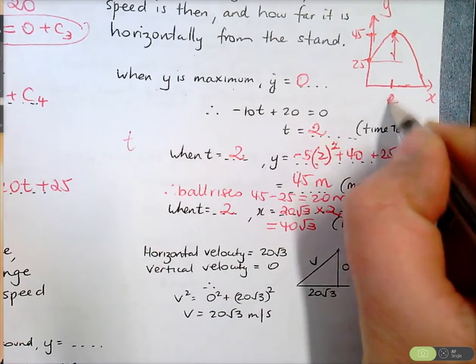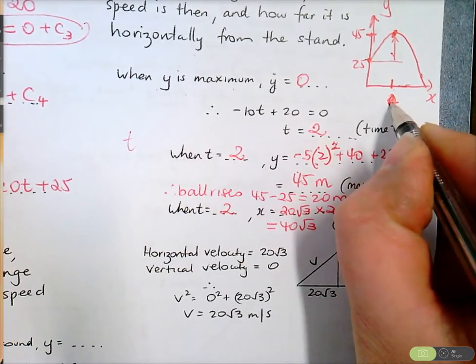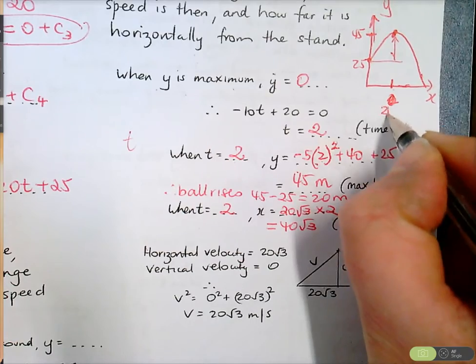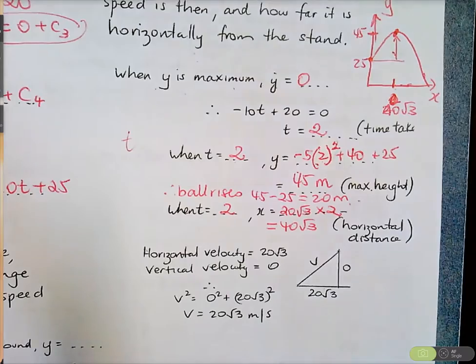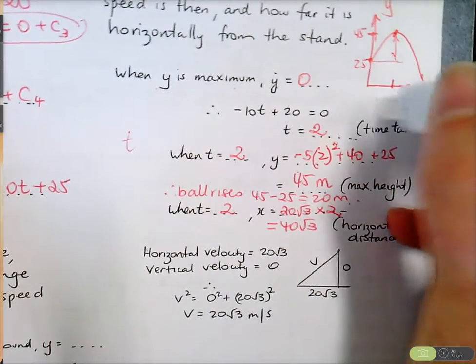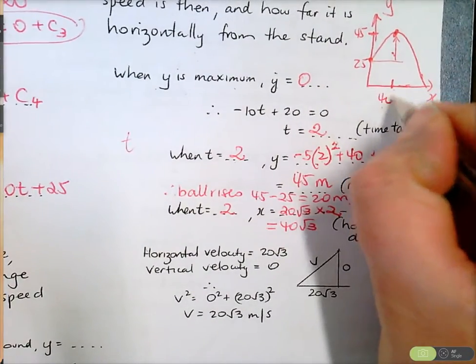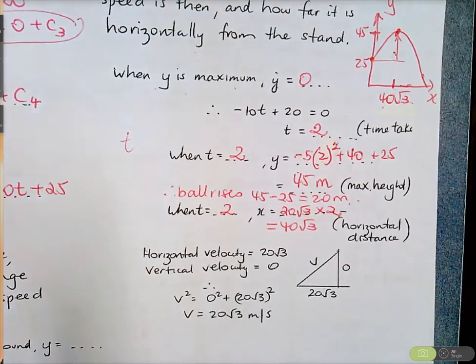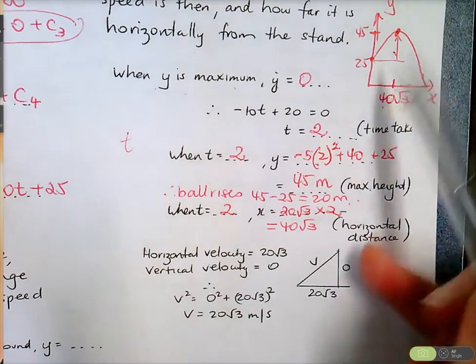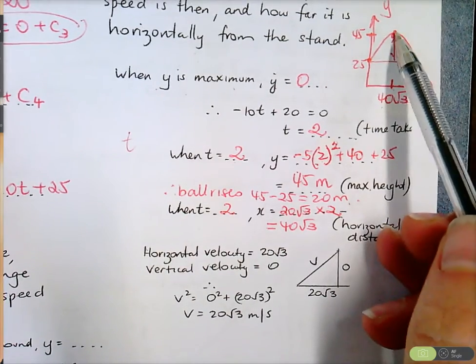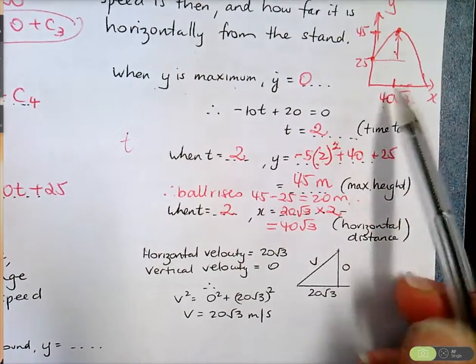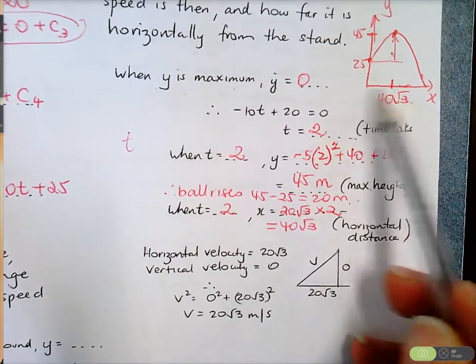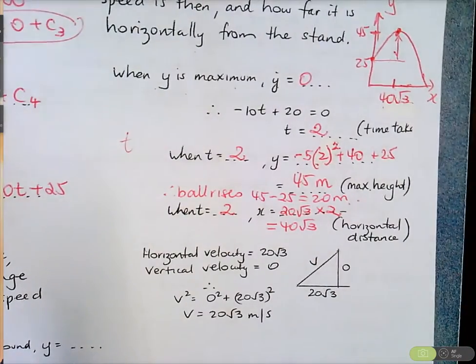I shouldn't put 2 there, because that's time is 2. That's 40 root 3 on my diagram. This is a y-x graph. So it takes 2 seconds to reach the top. We substituted t is 2 into y to get how high it is, but it's actually only travelled up 20 metres. And we substituted t equals 2 into the x equation to get its horizontal position.